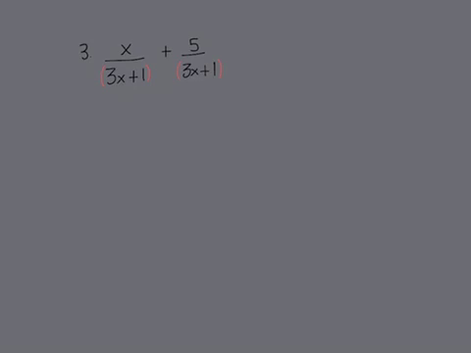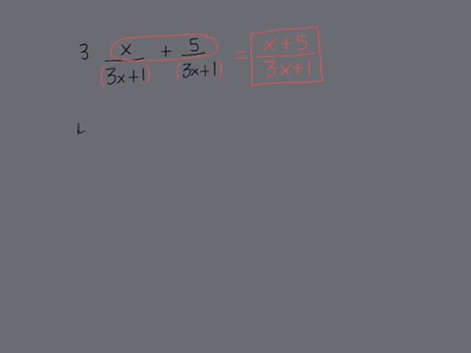So they're exactly the same, so all I need to do is add the numerators together. So I can't actually add them, so I need to just write them as x plus 5, and then my denominator is going to stay 3x plus 1. Again, I cannot cancel out those x's because I don't have multiplication there.